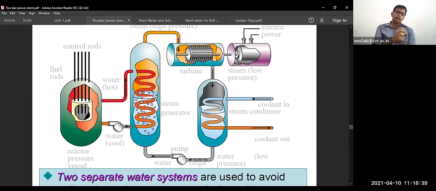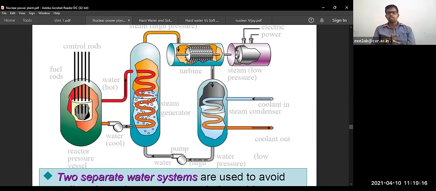The water, or the steam, after coming out from the reactor will also have some nuclear fission, some radiation. So those who are working near the steam turbine, if they inhale it, or when it is taken to the cooling tower, where some workers may inhale it, and sometimes it goes out to the atmosphere, there will be some radiation effect.